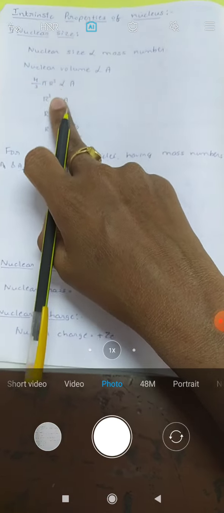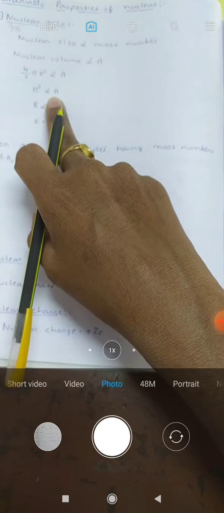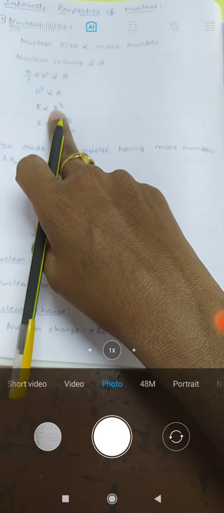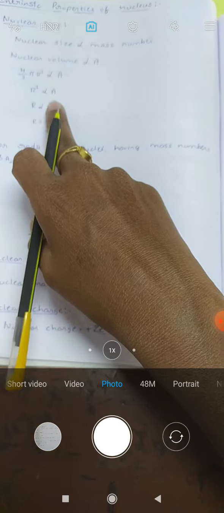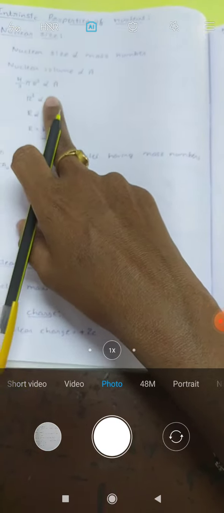The remaining is r cube, which is proportional to A, or r is proportional to A to the power of 1/3. We have to take the cube root on both sides of the equation.